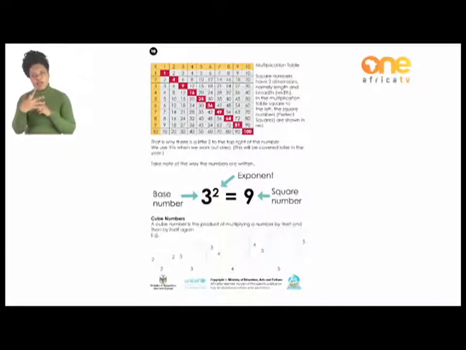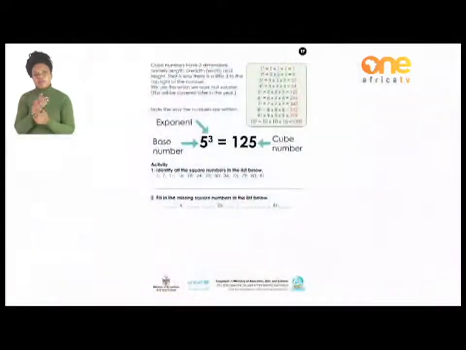Moving to page 17, reading through, cube numbers have 3 dimensions, namely the length, the breadth, which is the width, and the height. That is why there is a little 3 to the top right of the number, which is also called a cube.